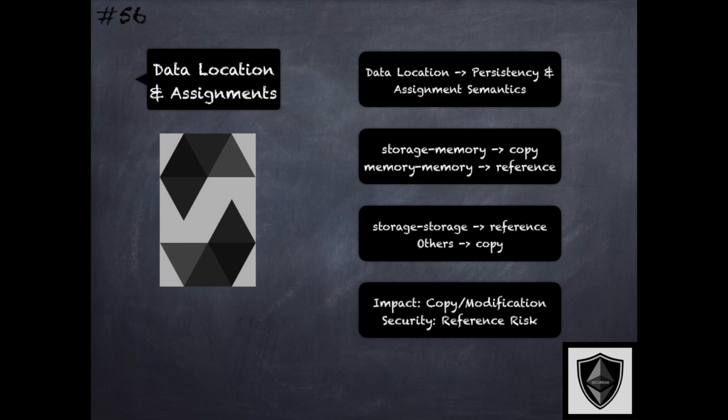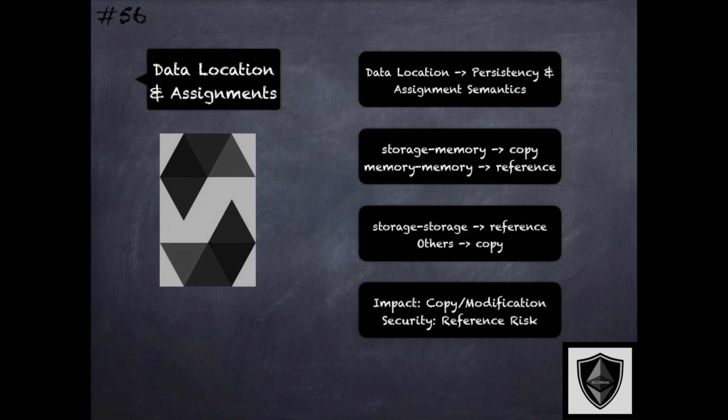And from a security perspective, how this impacts the semantics is if a copy were to be created because of these assignment rules, then any modifications to the copy really affect only the copy and not the original variable from where it was copied.